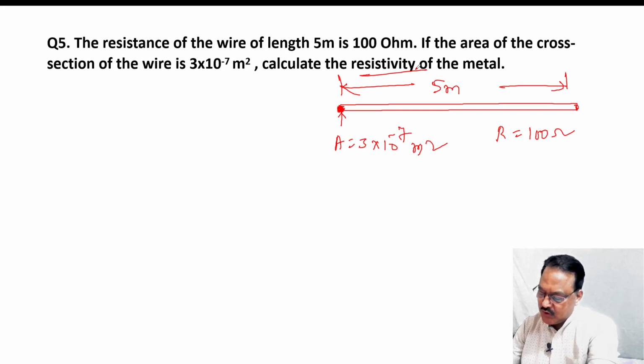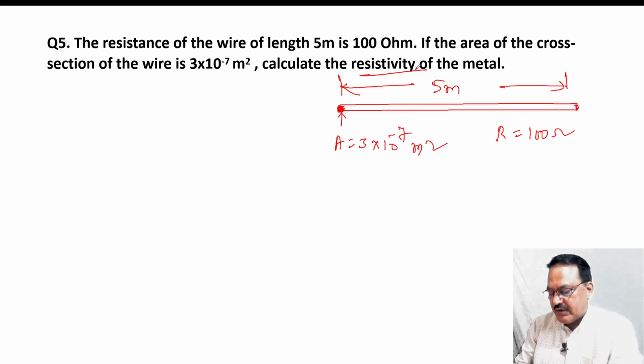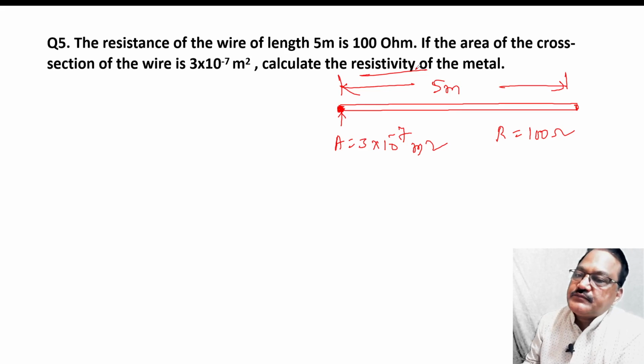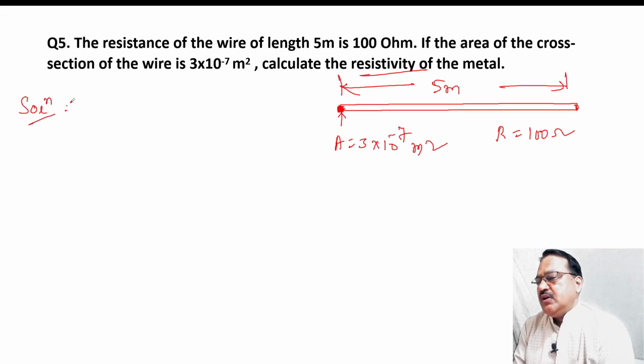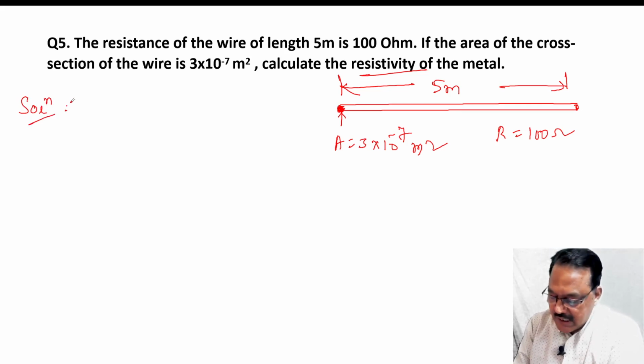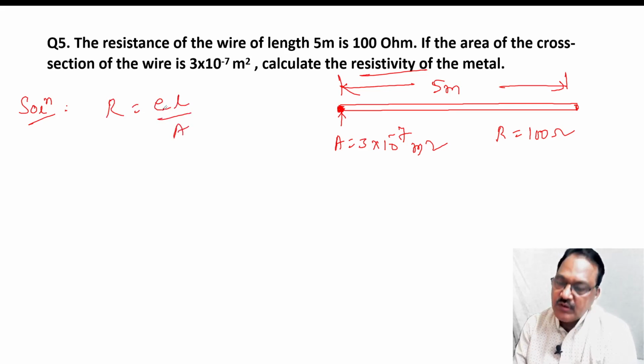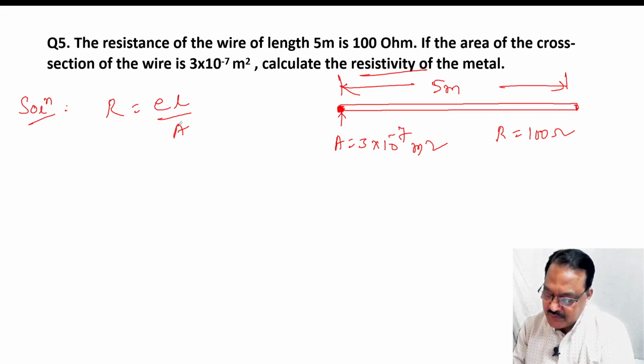As per the laws of resistance, what is the basic formula? The basic formula as per the laws of resistance is R is equal to rho L by A. Where rho is the resistivity of this wire or material, you can say.